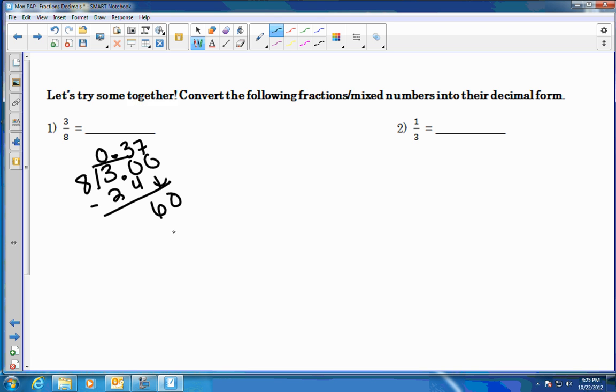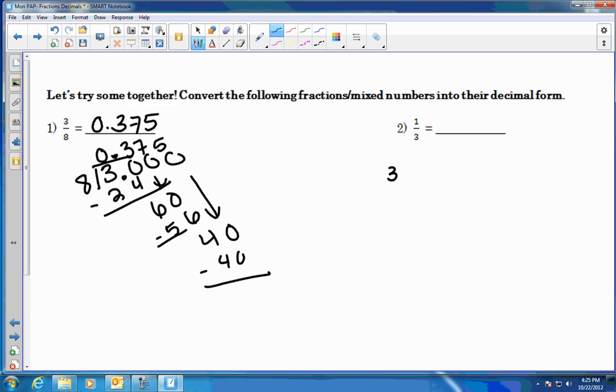So 8 times 7 is 56. It's going to give me a 4 left over. I got my next 0. And 8 goes into that 5 times with nothing left over. So this is going to be 0.375.